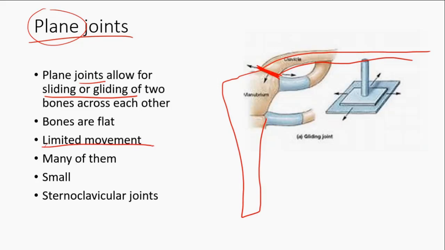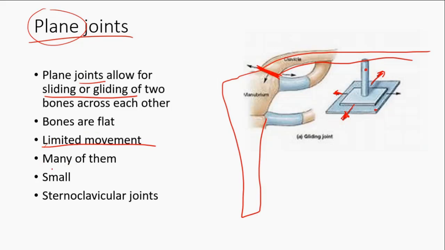It allows for limited movement. You can pretend this is one bone and this is another bone. It allows for gliding of two bones on top of each other. It holds it in place, but it allows for slight movement.